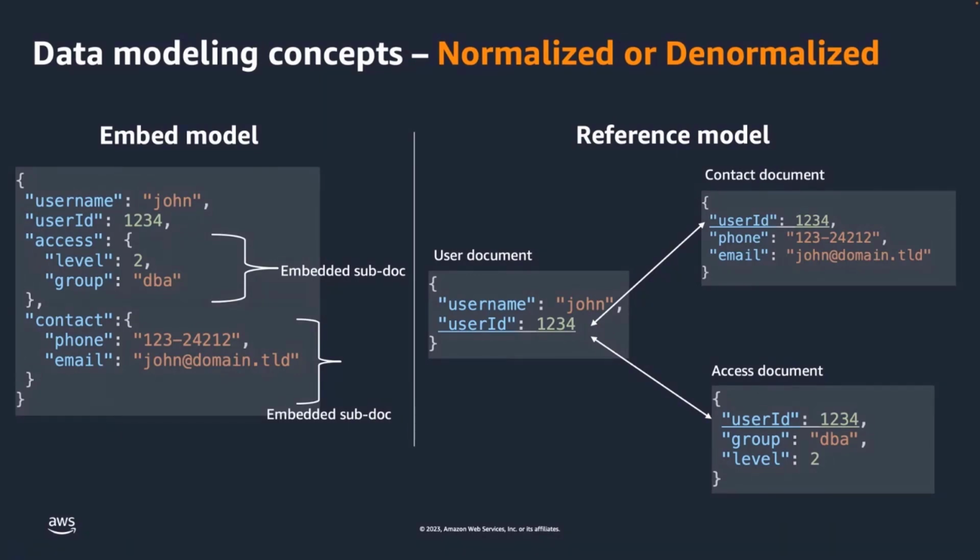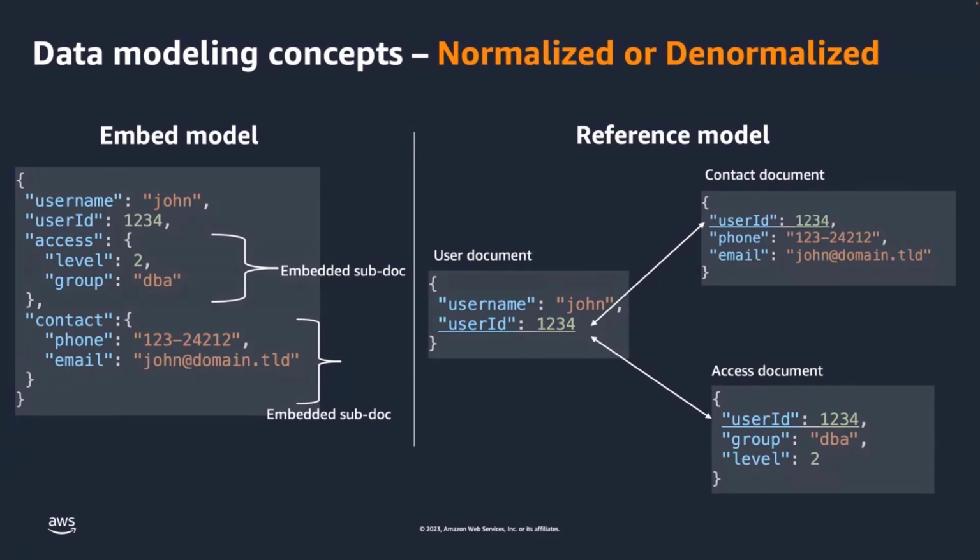This means documents are all stored under one collection. And whenever you retrieve the parent document, you also retrieve all its embedded documents. So this would be the denormalized model. The reference model refers to splitting the data into two or more collections and reference or link the pieces of data to maintain the relationship. If coming from the relational world, you can view this as the normalized model.